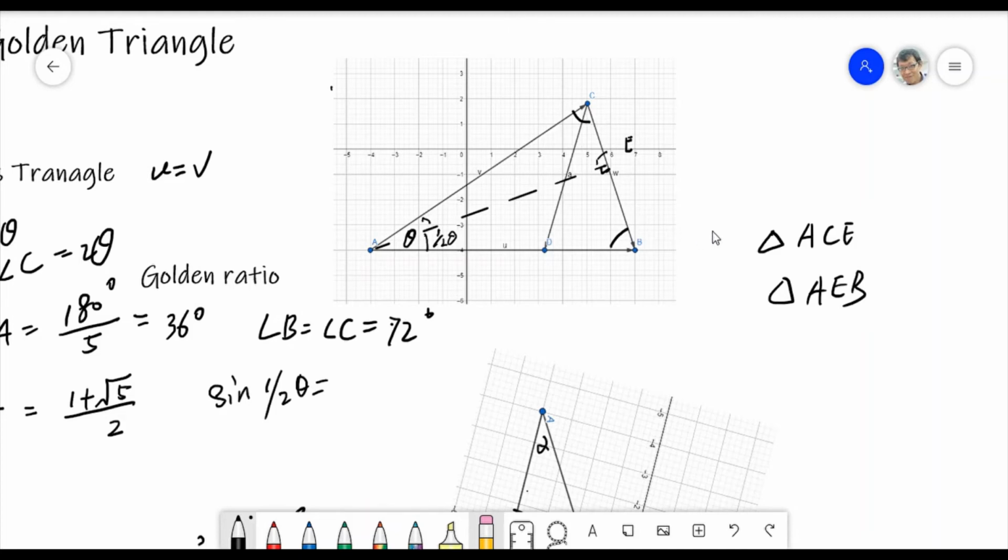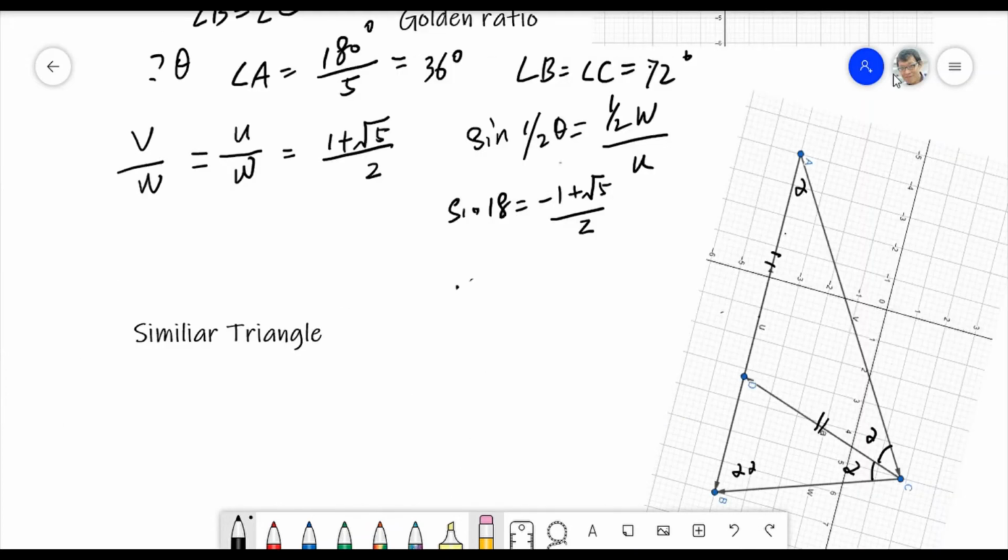So we can write sine of 1/2 theta is equal to 1/2 of the W divided by another side, U, right? And sine 18 degrees, which is 1/2 of theta, equals -1 plus square root of 5 over 2.